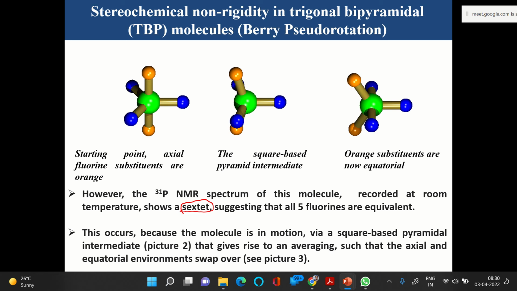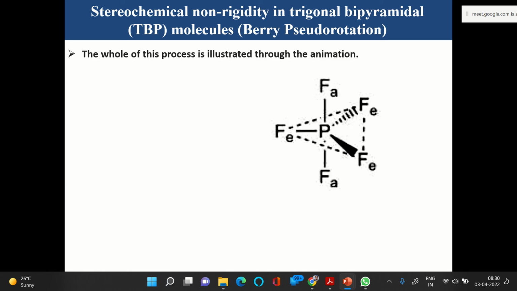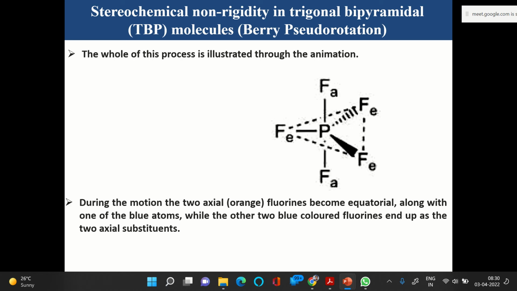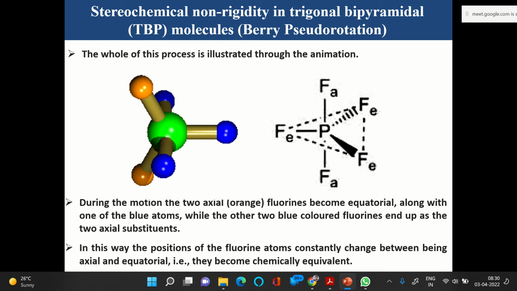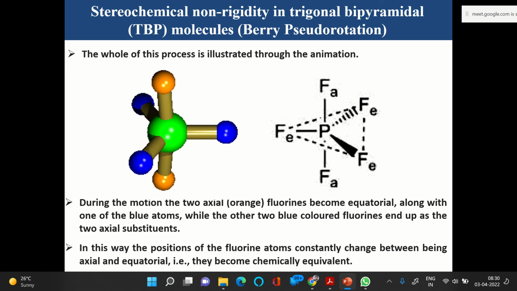The molecule is in motion, as we discussed already, with a square pyramidal intermediate, and then the swapping over of the axial and equatorial positions. This is the thing that happens, visualized together.